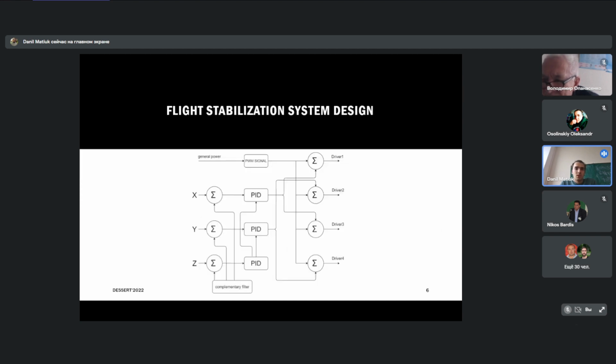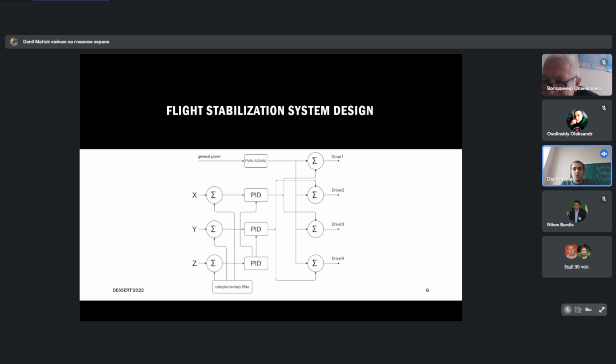The figure shows a block diagram of the proposed flight stabilization system based on the PID controller and a complementary filter. The PWM level controls the rotation speed of the motors X, Y, and Z, to set the specific angle along the X, Y, and Z axes, respectively. A signal is applied to the microcontroller, which converts it into pulse-width modulation, that is, a PWM signal.